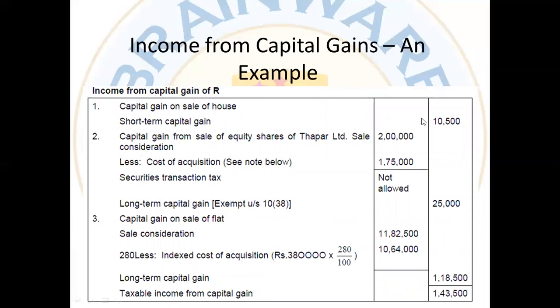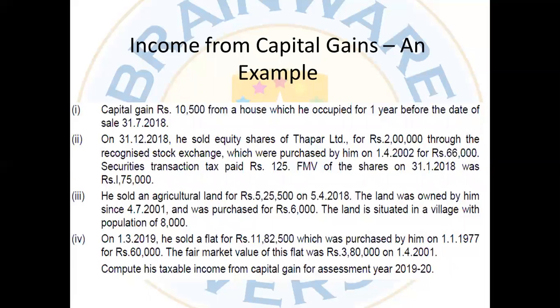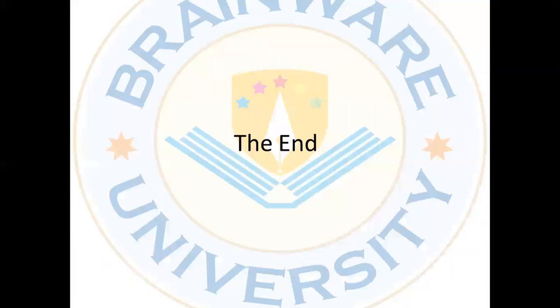So the first is a very fast one, we don't have to calculate anything, just put in the amount 10,500. But look at the second. The capital gain from sale of equity shares of Thapar Limited: sales consideration is 2 lakh. And then the cost of acquisition. Now, the cost of acquisition calculation is very easy. The purchase price of the share into the CII of the year of sale, meaning the current financial year, divided by the CII of the year of purchase.